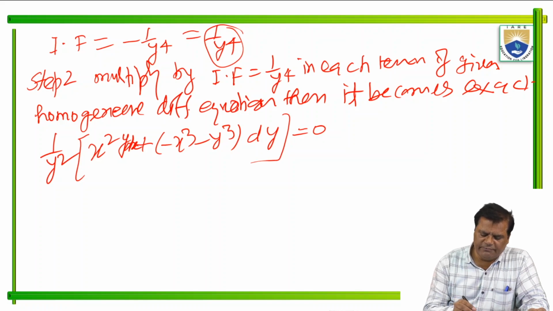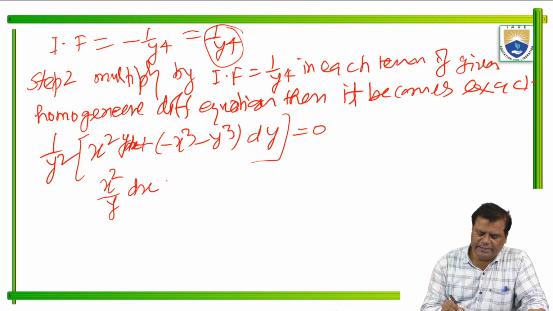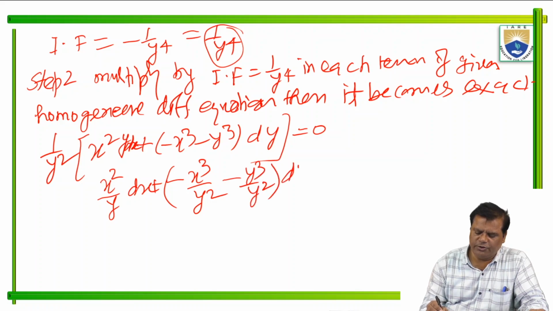We multiply by 1 upon y4, the integrating factor. So now, multiplying, we get x square upon y square dx, plus, in brackets, minus x cube upon y square minus y cube upon y square, dy equal to 0.